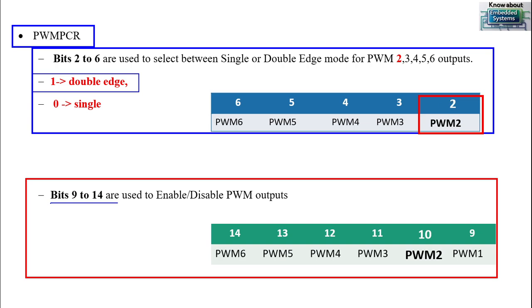So I need to configure single edge or double edge, and to enable the output I need to use bit number 10. When you use bit number 10, the output will be enabled, and with bit number 2, you can configure single edge or double edge.